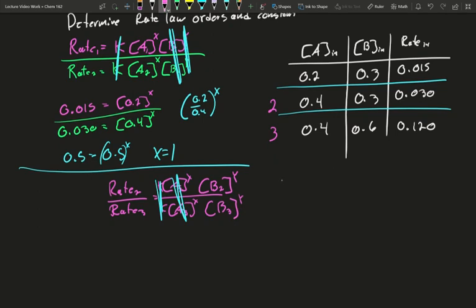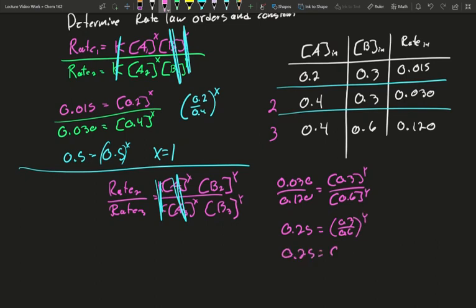So the ratio of our rates, 0.030 over 0.120, is going to be equal to 0.3 to the y over 0.6 to the y. Well, 0.03 divided by 0.12 is 0.25. That's going to be 0.3 over 0.6 to the y. 0.25 is 0.5 to the y.